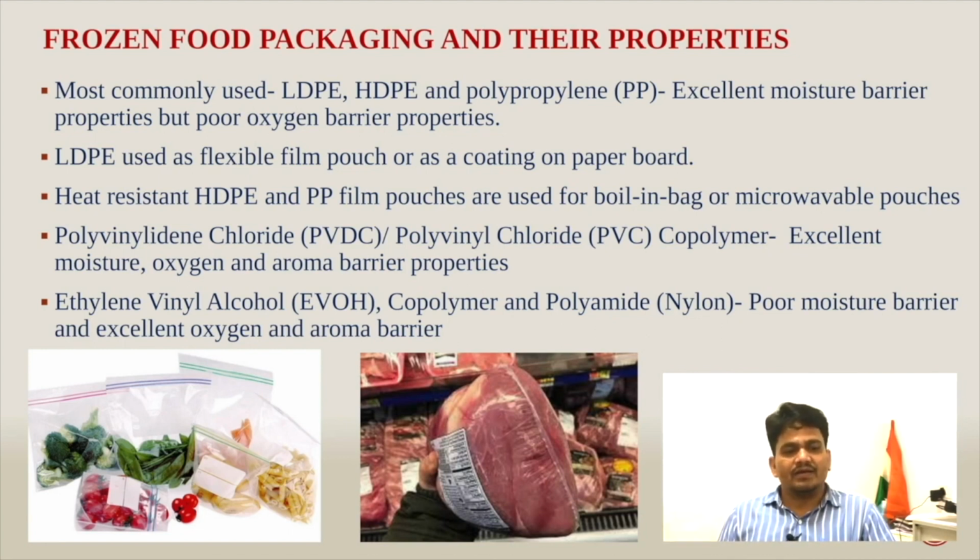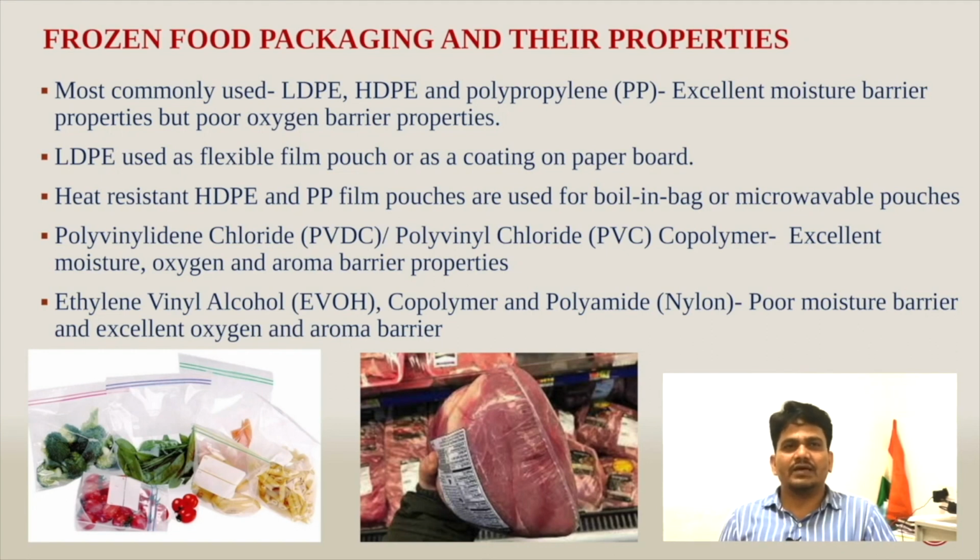Another material is EVOH, ethylene vinyl alcohol, which is again a copolymer, and polyamide, which have poor moisture barrier and excellent oxygen and aroma barrier. So we can see some have good oxygen barrier properties, some have good aroma barrier properties, and some have poor moisture barrier properties.